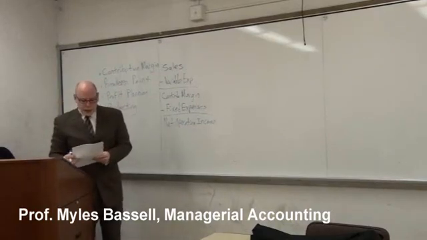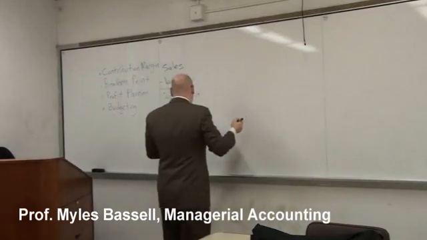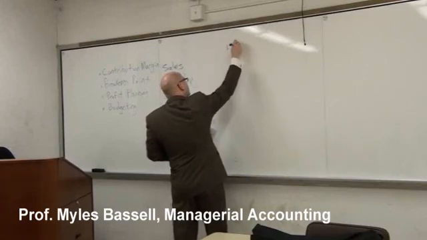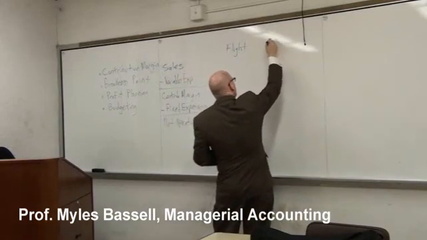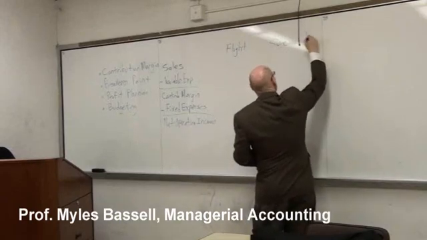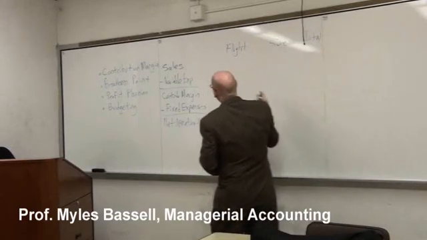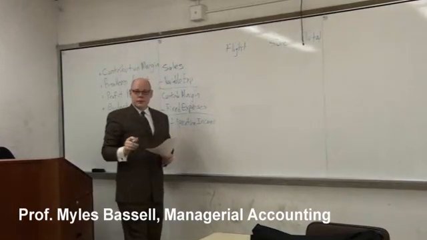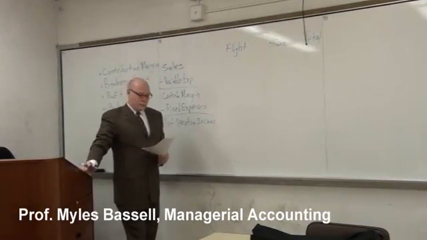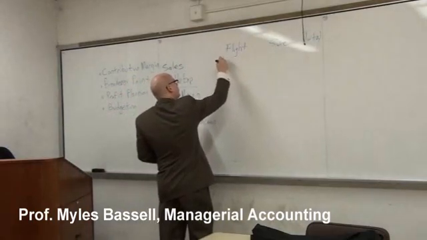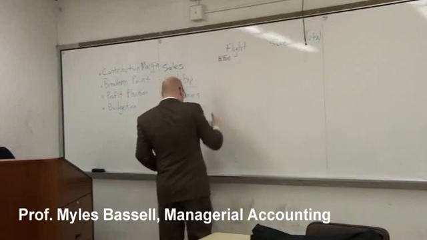So what do they tell us for, now we have two product lines. We have Flight and Sure Shot. And then we have the total for the company. So what do they tell us the sales are for Flight? 150,000. Oh, that's right.